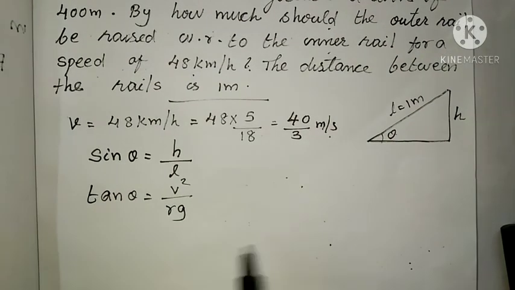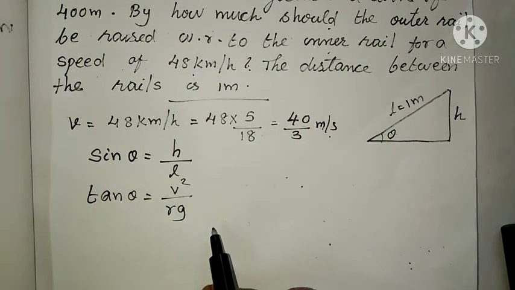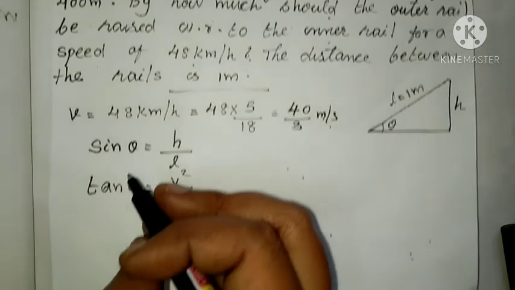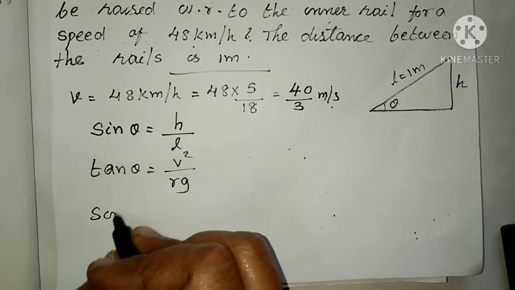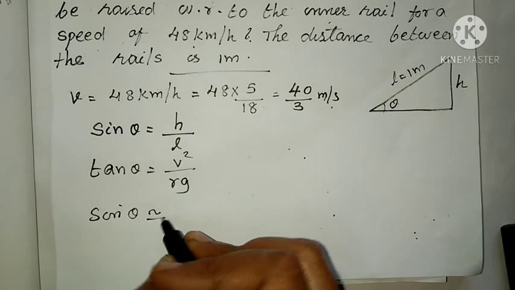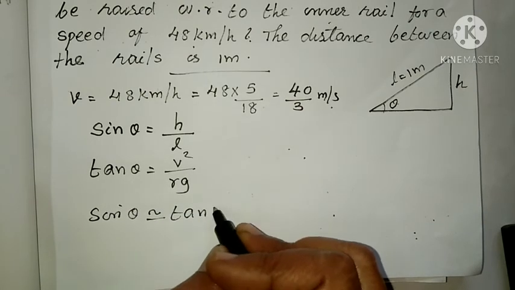For a small value of theta, sin theta is approximately equal to tan theta.